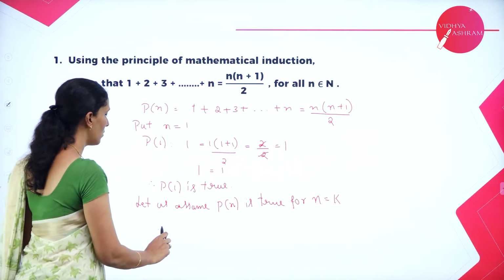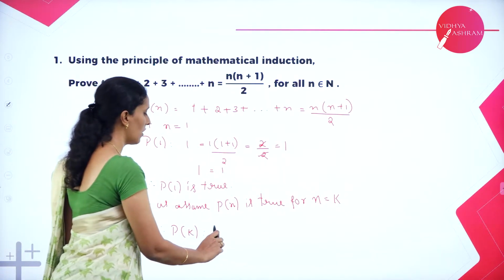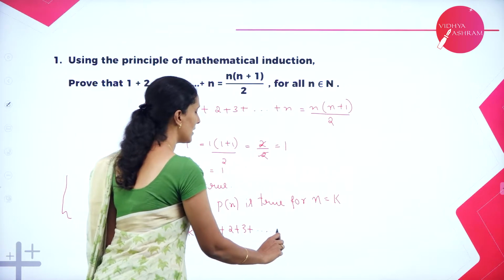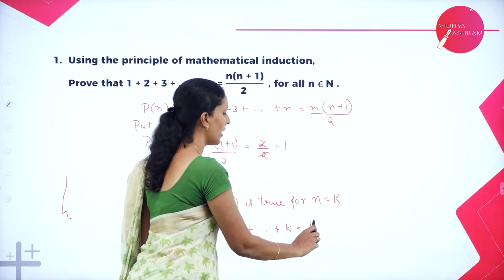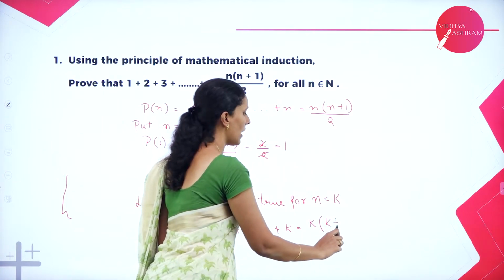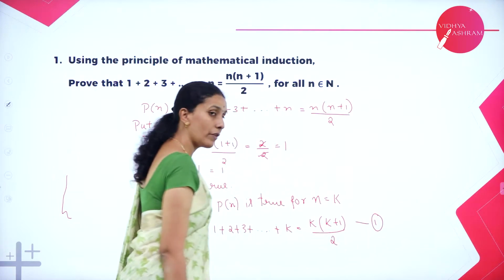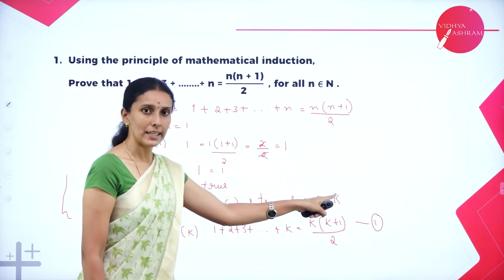Therefore, P of k can be written as 1 plus 2 plus 3 plus etc. The last term we take as k. And therefore it is k into k plus 1 divided by 2. Let me take it as equation 1. So now we have assumed it is true for n is equal to k.